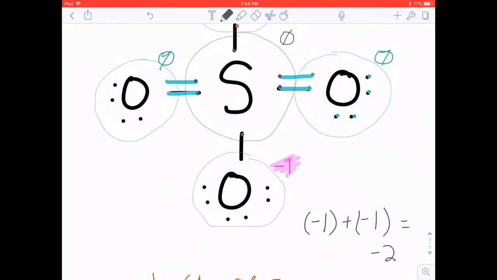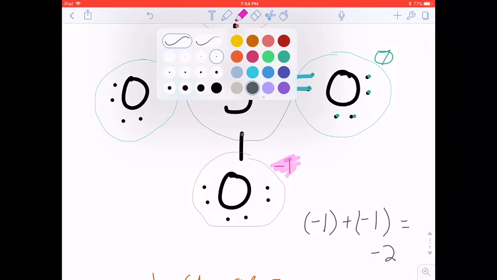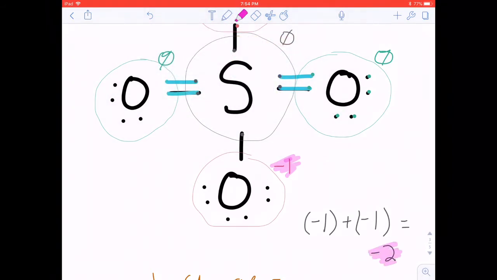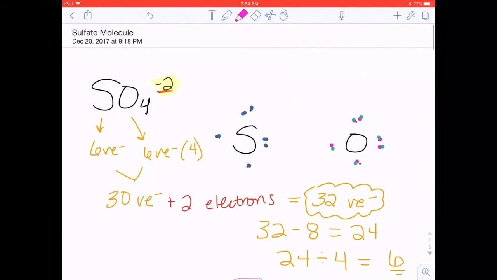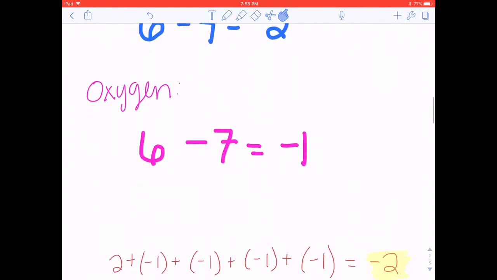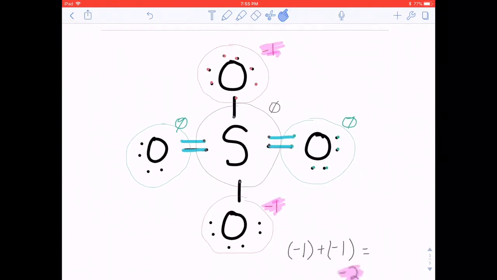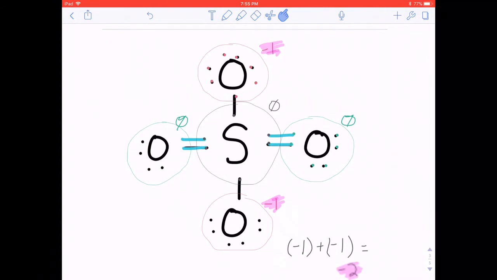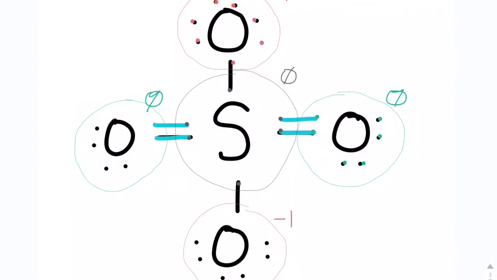So we still have a charge of -2. We just zeroed out as many formal charges as we could. So we still have our -2, which is what we want. So that means that this is the best Lewis dot model that we can create.